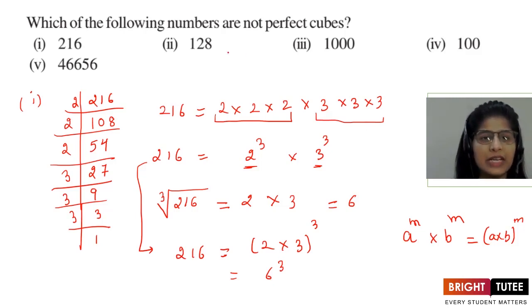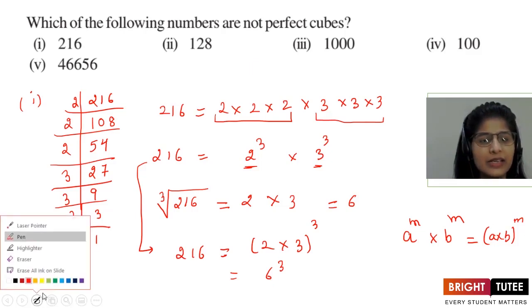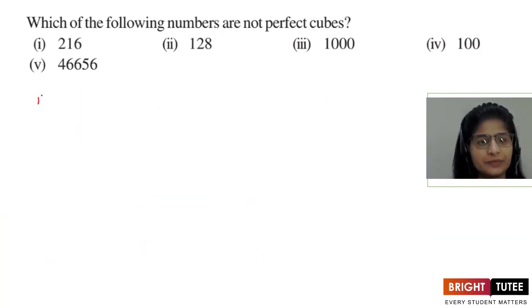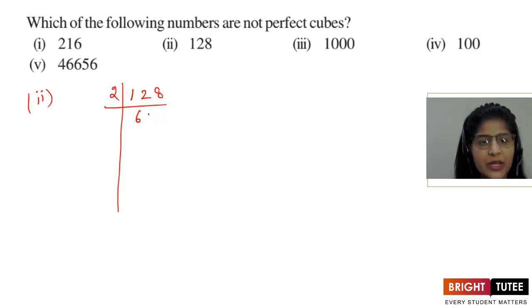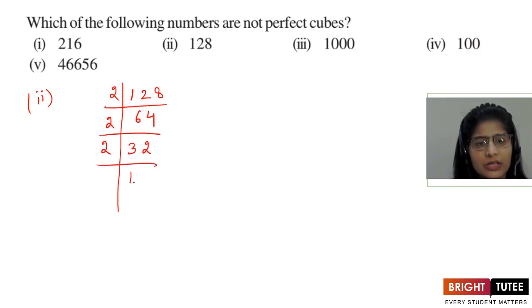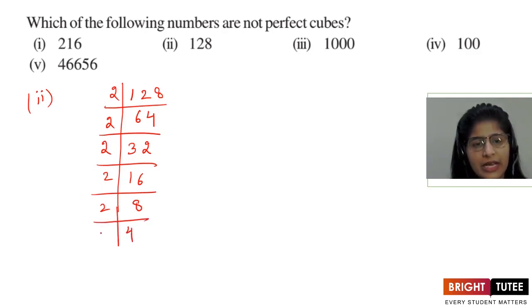Let's move to the second part, that is 128. Let's start prime factorizing it. 2 6s are 12, 2 4s are 8, 2 3s are 6, 2 2s are 4, again with 2, 2 1s are 2, 2 6s are 12, 2 8s are 16, then 2 4s are 8, then 2 2s are 4, and again with 2.